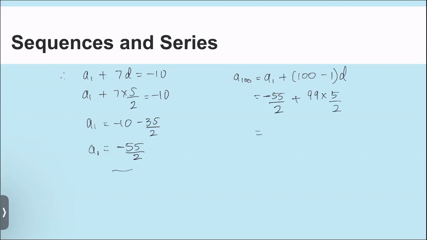Okay, so on solving this you will get 440 by 2, and A100 is 220. Okay, so this is how we solve this kind of problem. Let's see a few more.